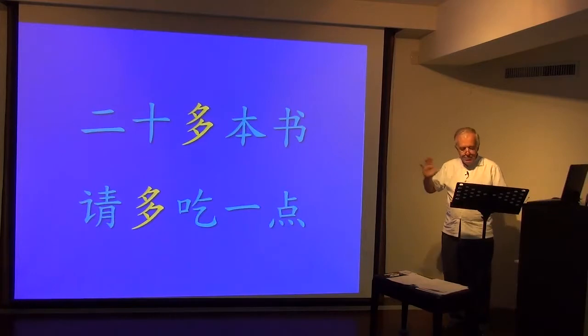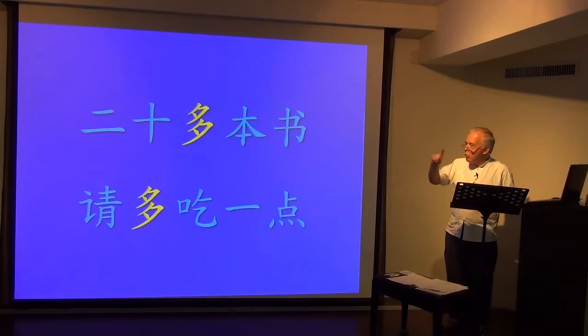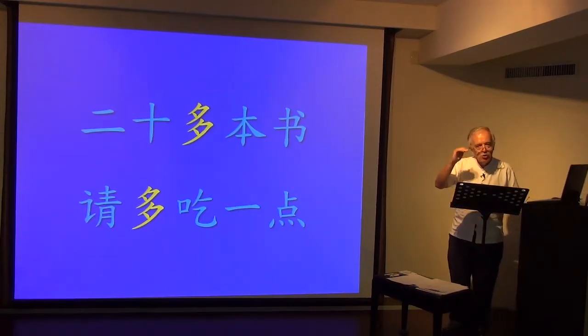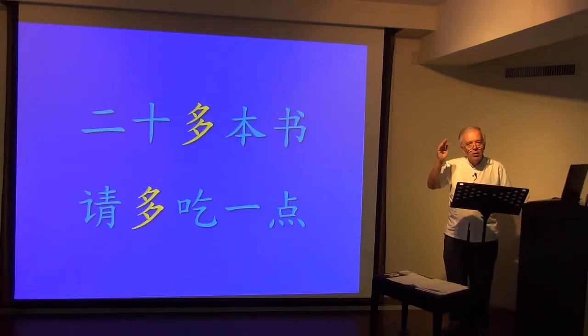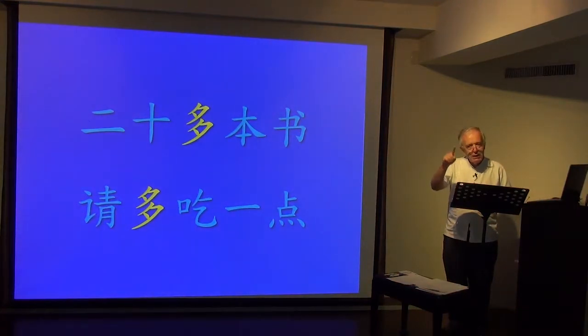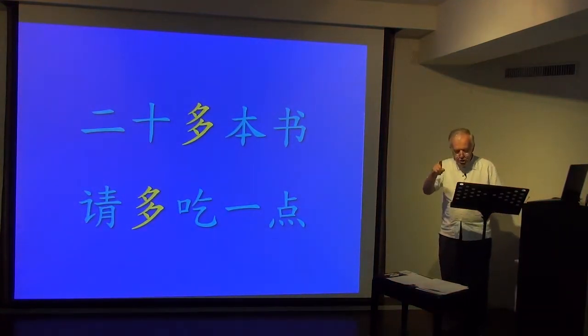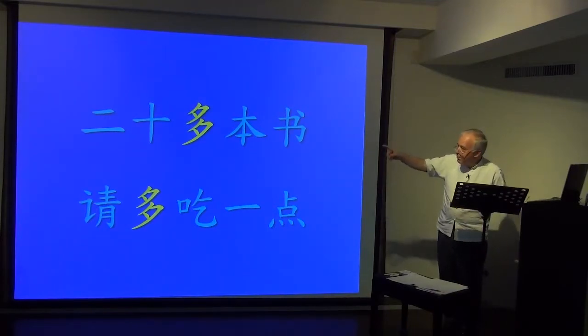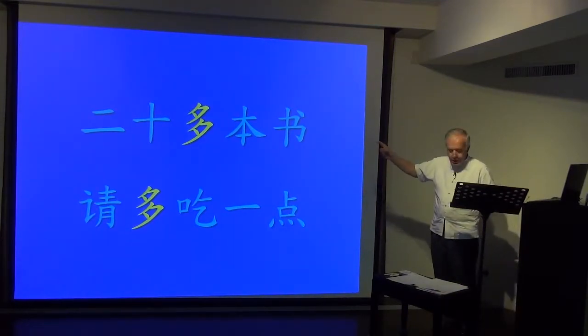With 多 meaning more than or over, if the number ends in 1 to 9, then the pattern is number, measure, 多 noun. 2斤多苹果 means between 2 and 3 斤 of 苹果. 2斤多, number, measure, 多, noun. But if the number ends in a 0, as here, 20多本书, you note it goes number, 多, measure, noun.